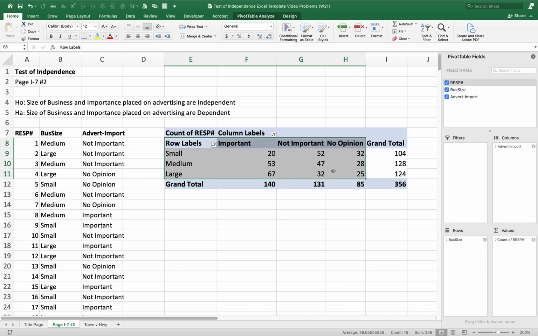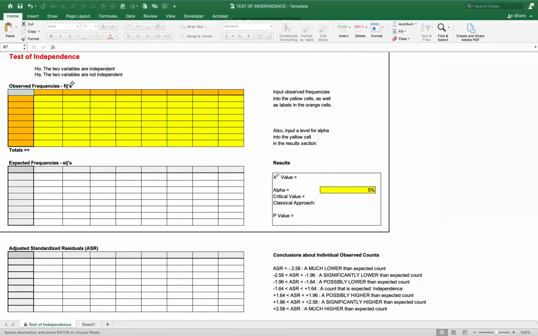And I'm going to copy that. So I'll just do a Control C here. Or I can go up here to copy, of course, and I'm going to move over. And then I'm going to go to this gray cell up here where it says the observed frequencies. What I'm going to do is not just do a straight paste. It will actually work with a straight paste, but it just looks messier here.